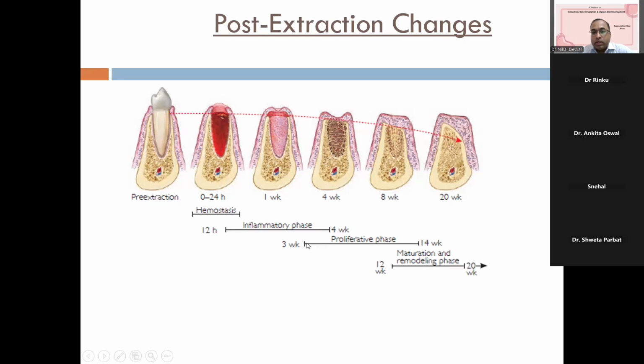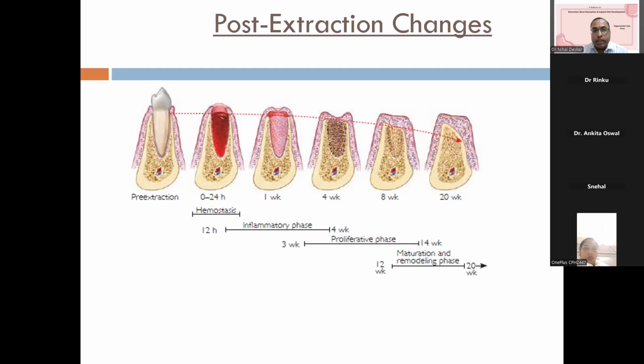And later on, it moves into the stage of proliferation and maturation. So the woven bone formation starts at around 4 to 8 weeks from the base and later on shifts to the coronal part. And this woven bone, when it becomes mature, takes somewhere around 20 weeks. So are we going to wait for the placement of the implant for that long?